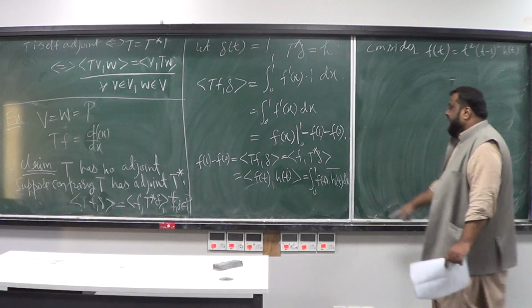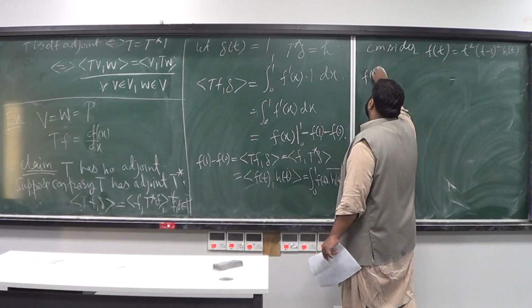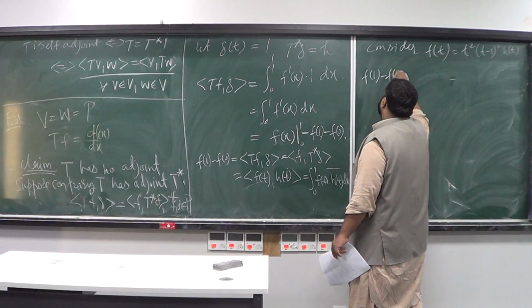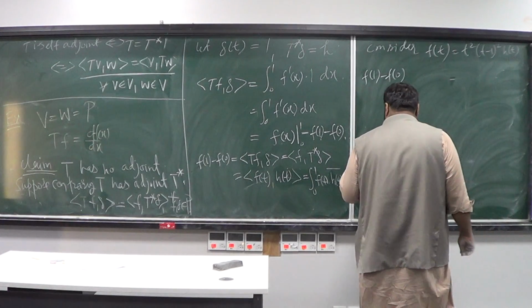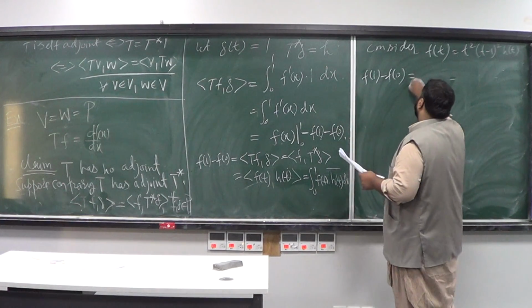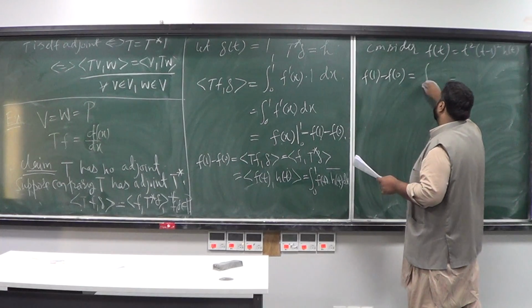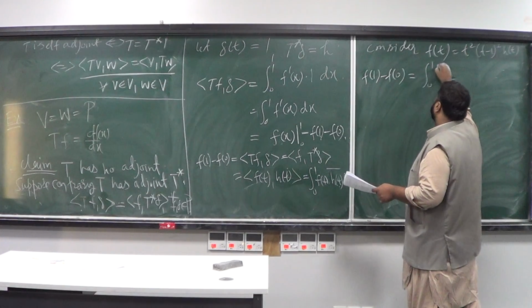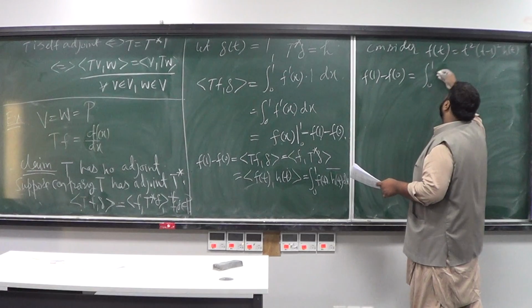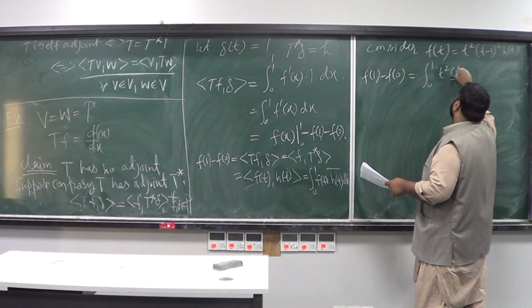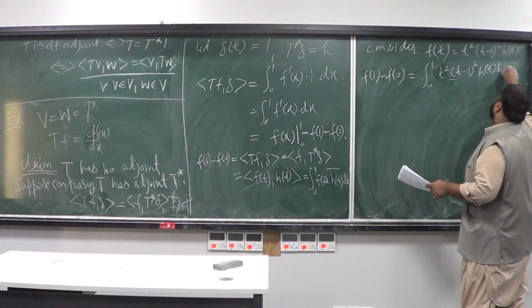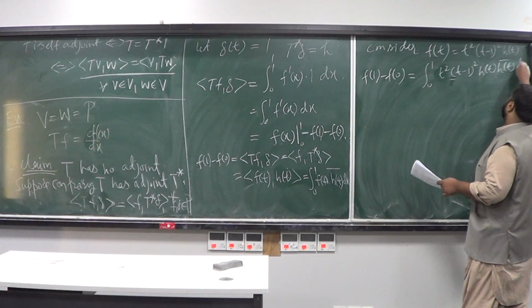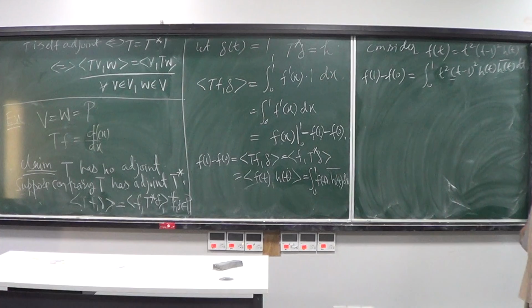If I substitute that here, f of 1 minus f of 0 is equal to the integral from 0 to 1 of t squared, (t minus 1) squared, h of t, h bar of t dt.